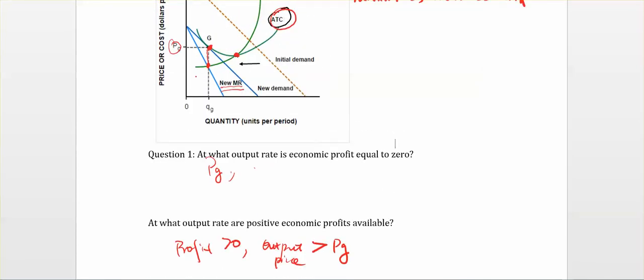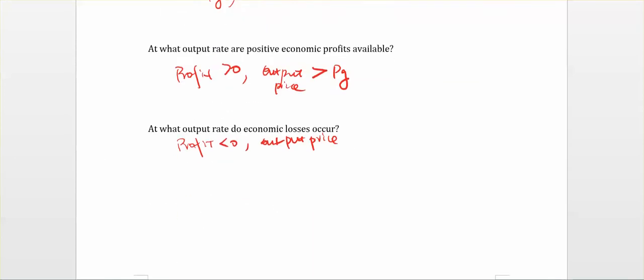So for instance here, what they can earn is this amount, and what they need to pay as a cost is that amount. So obviously the cost is larger than the revenue. So we should have the output price is more than the PG.